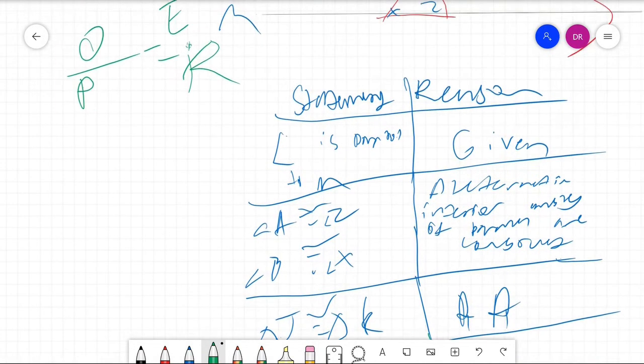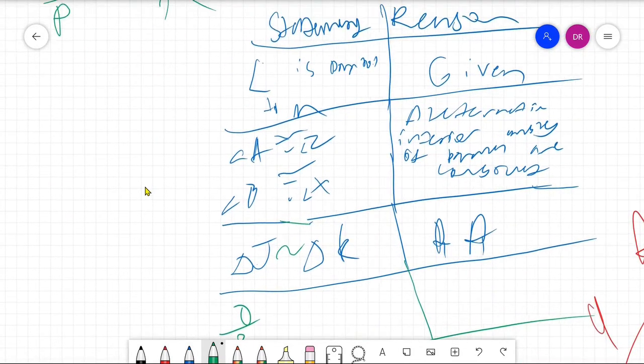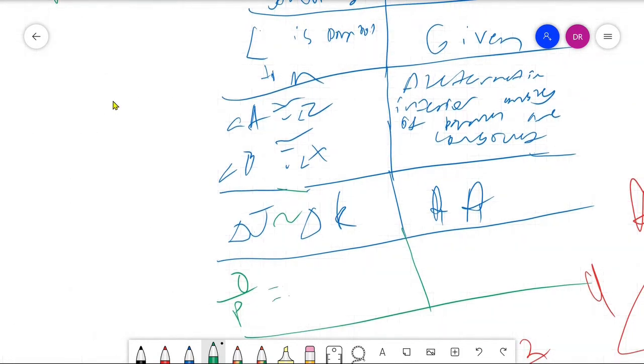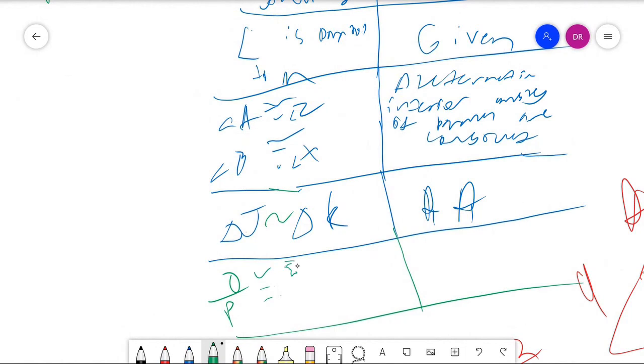We can prove O over P. Oh, whoa! I just caught a mistake. That wouldn't be the right symbol. That's a congruency symbol. So the symbol would be like that, showing that they're similar. So you can say that O over P is proportionate to E over R. The reasoning being corresponding parts of similar triangles are proportionate.